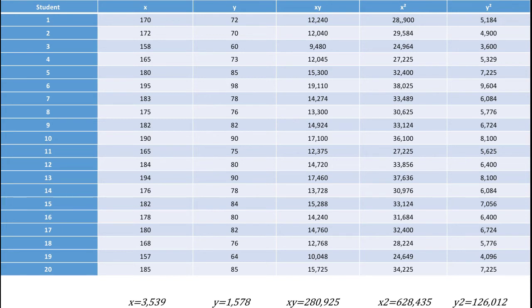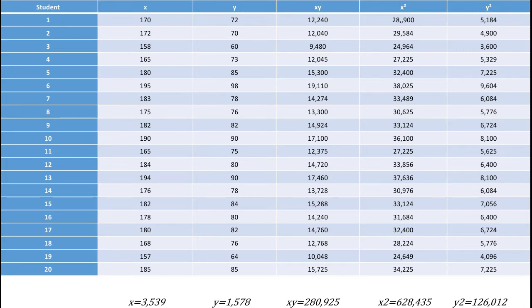Then in the fifth column will be the x squared. The value of x, you square that. 170 squared equals 28,900. Then the last column, the y squared. The value of y, you square that. 72 squared equals 5,184.